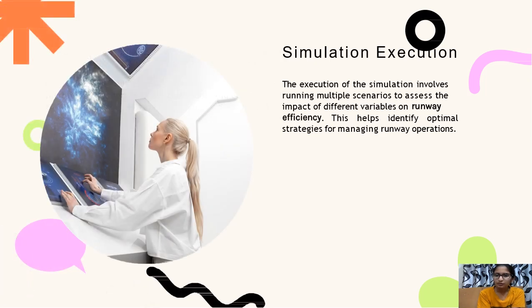The execution of simulation involves running multiple scenarios to assess the impact of different variables on the runway efficiency. This helps identify the optimal strategies for managing the runway operations.